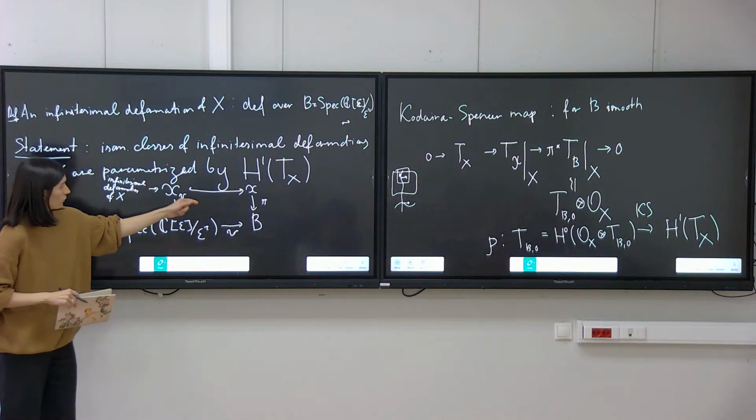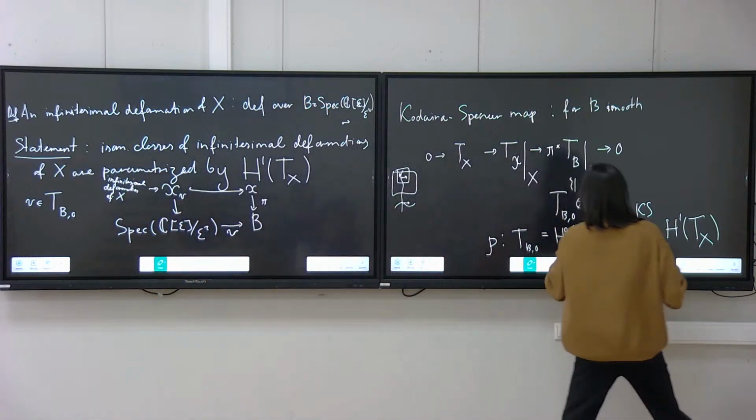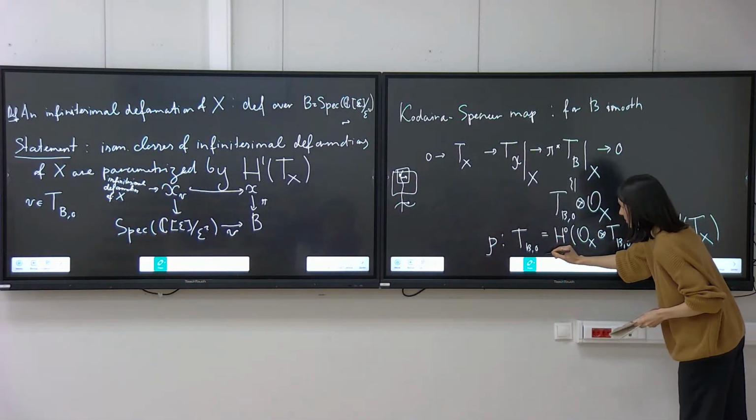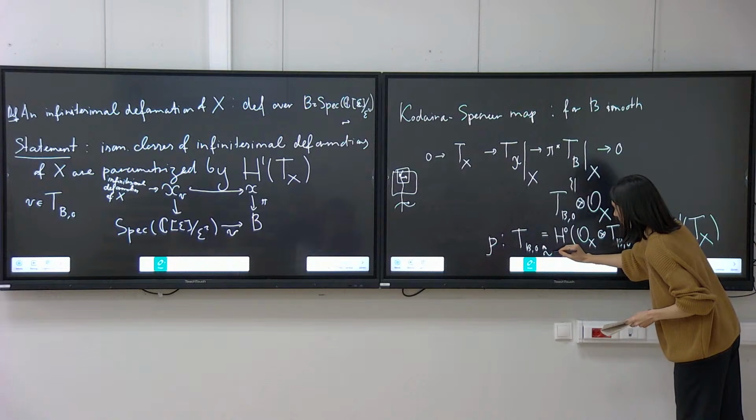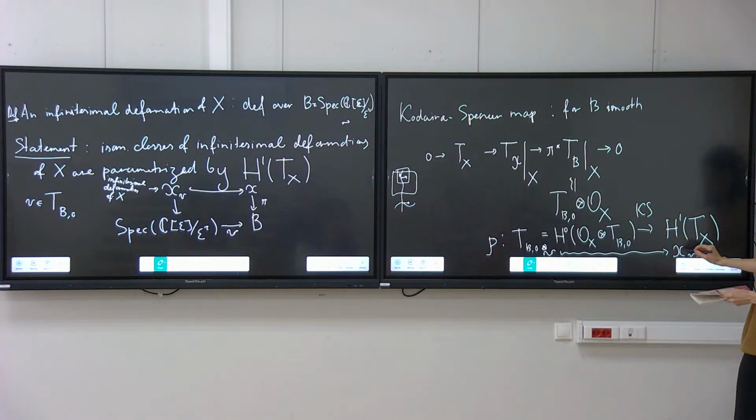Right? Just because this is over dual numbers. And the Kodaira-Spencer map is exactly the map that maps V here to the class, which I denoted by xv, to the corresponding class of infinitesimal deformation.